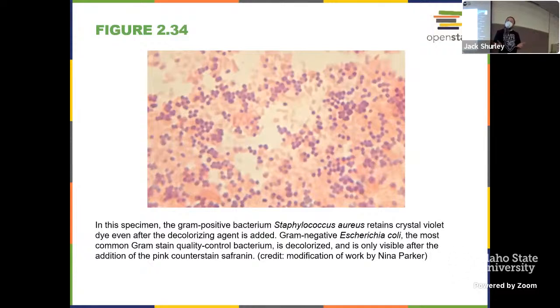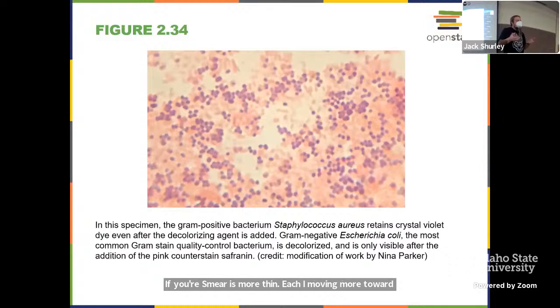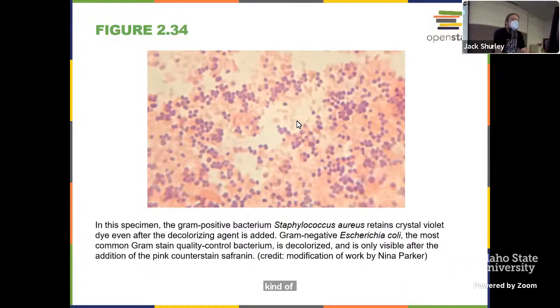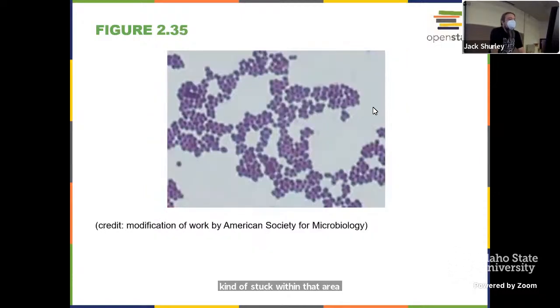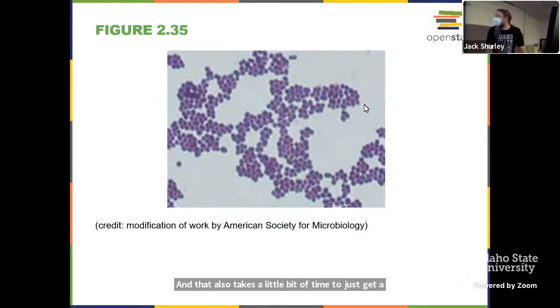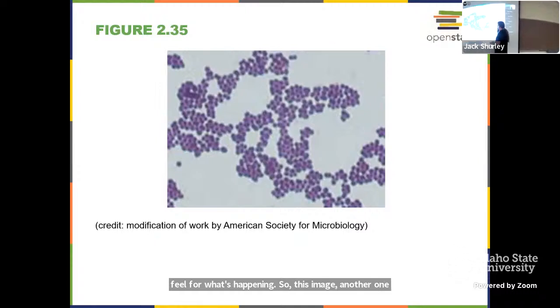If your smear is more thin, you try moving more toward the center where you hope there's maybe more of it stuck within that, all right? And that also takes a little bit of time to just get a feel for what's happening. So this image, another one, and as we're projecting it up, it's definitely blurred out a little bit.